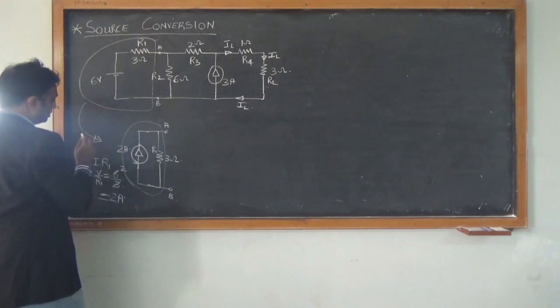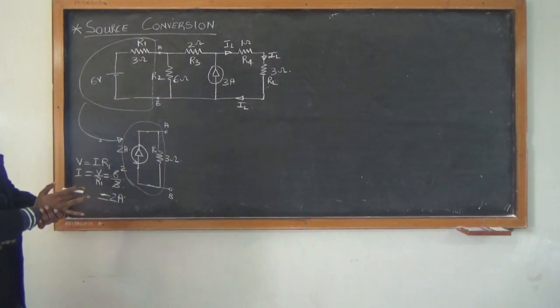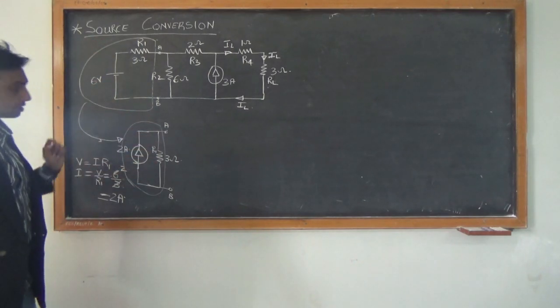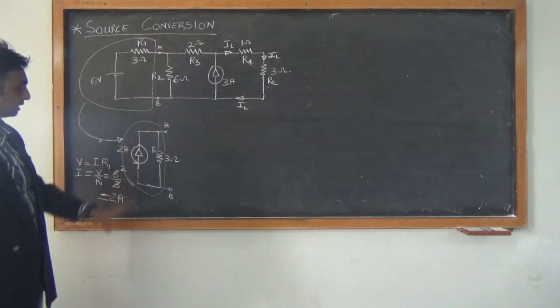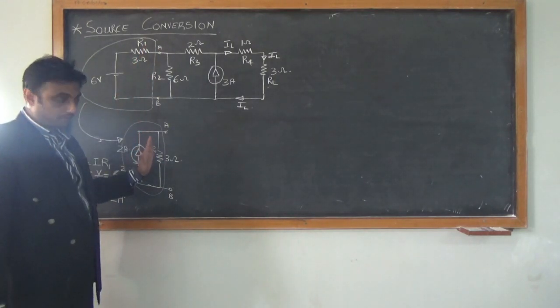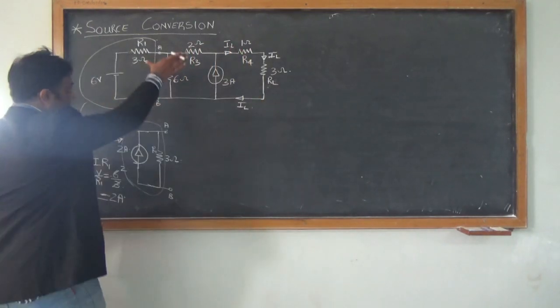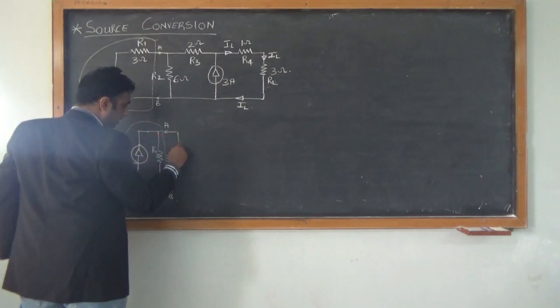This is the change. I converted the voltage source to a current source using this logic. Once you have converted it, the rest of the circuit remains the same, so I attach the rest of the circuit here.